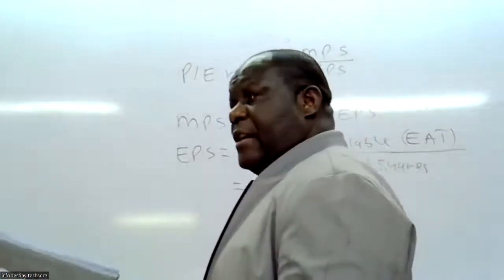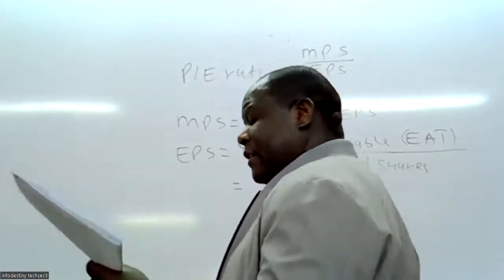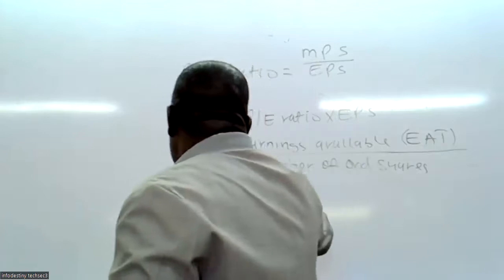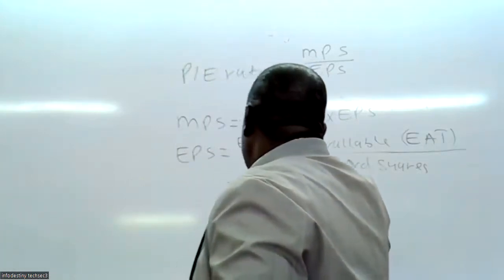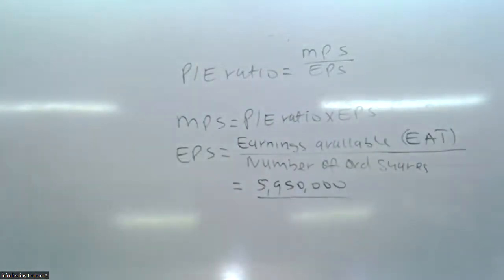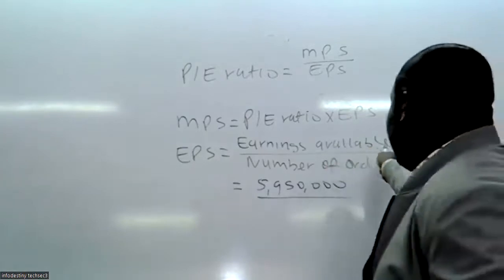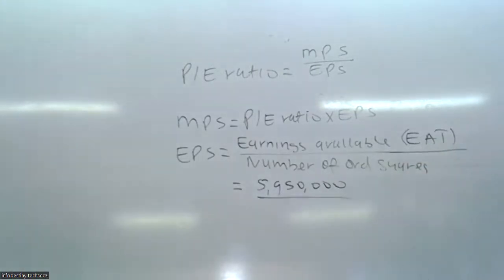You see that there are 3 zeros at the top. Then that's now your earnings available. Earnings available is the same as earnings after tax.